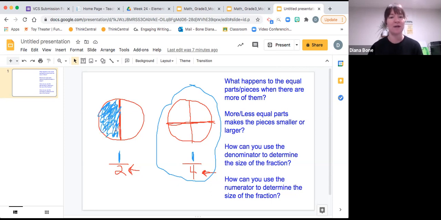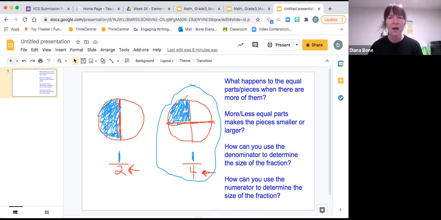It's taking me a while to shade in this big old piece, right? Okay, now let's shade in 1/4 of this pizza.